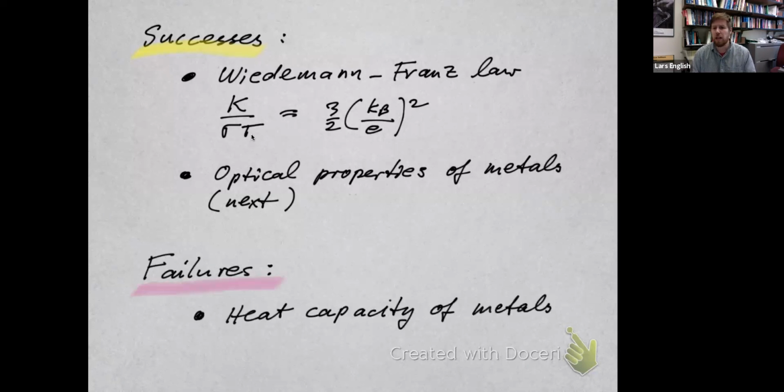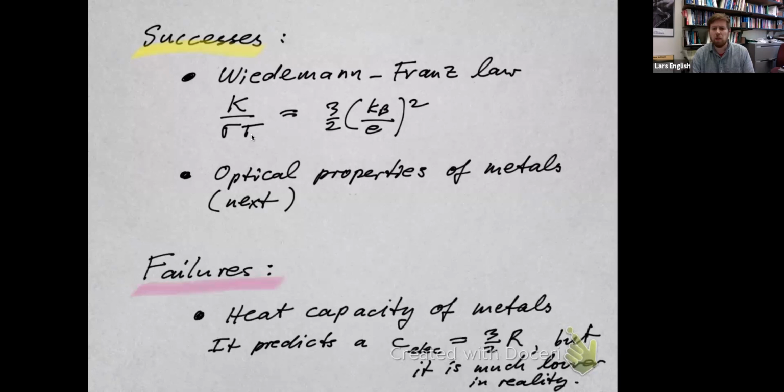We've already said that it doesn't do very well with predicting the heat capacity of metals, right? Because it gives us a prediction of 3/2 times R, but it turns out that that prediction is way too large. In reality, we have an electronic contribution to the specific heat that is much, much lower than 3/2 R, probably on the order of 100 times lower.